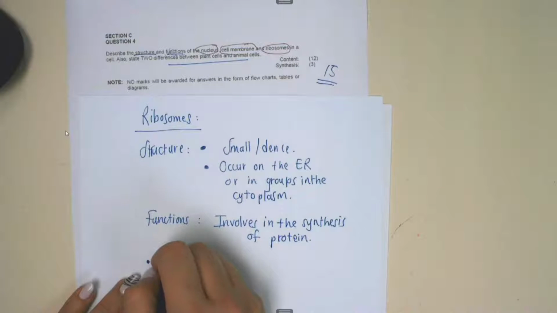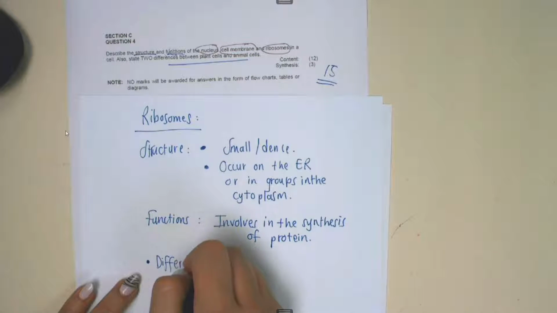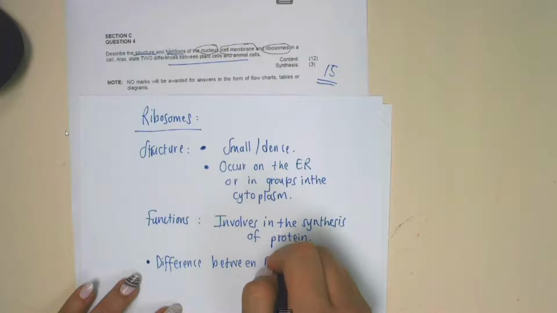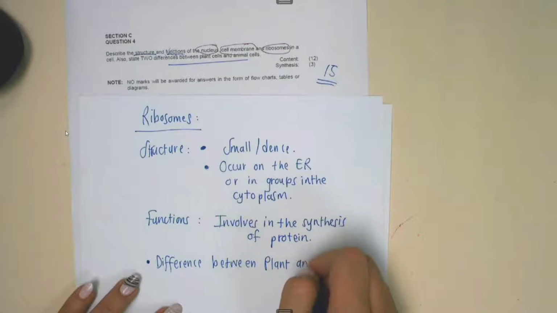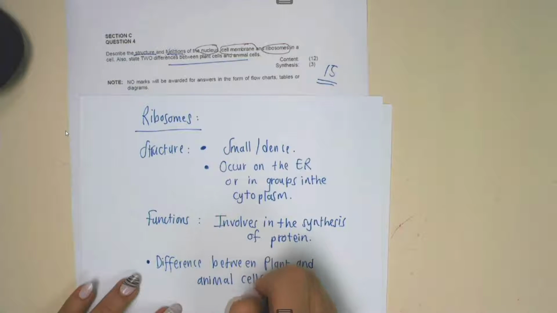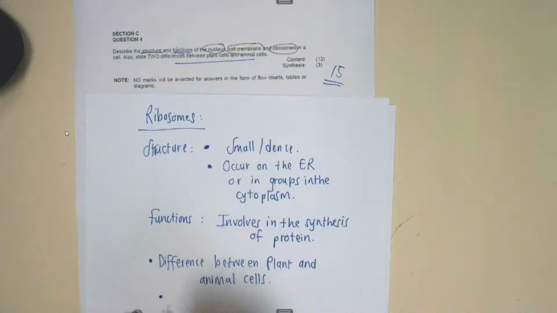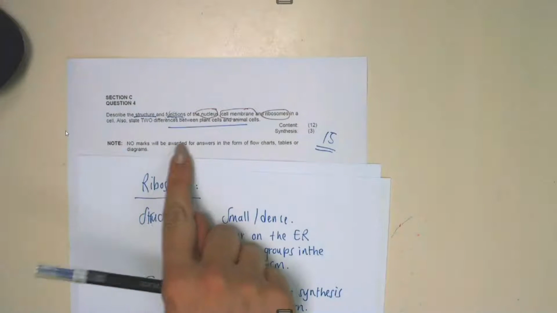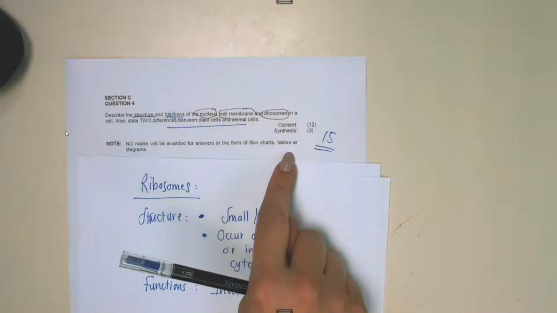So you could now state the differences between plant and animal cells, and you could just name whatever you want. Please remember, in the previous question we tabulated, but remember what they stated here: no marks for flow charts, tables, or diagrams.